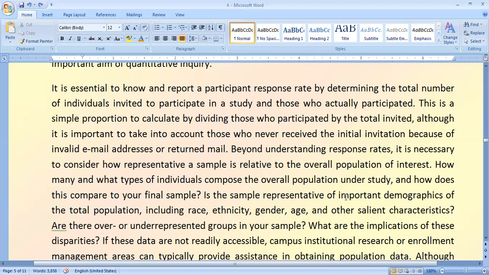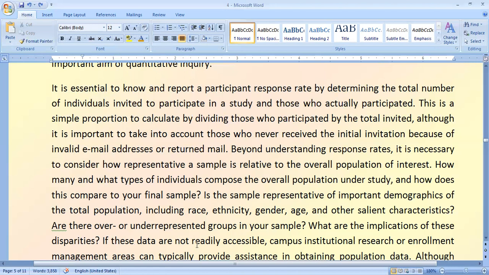This sample representativeness is important. For the demographics of the total population, including race, ethnicity, gender, age, and other salient characteristics, are there over- or under-represented groups in the sample? What are the implications of these disparities?